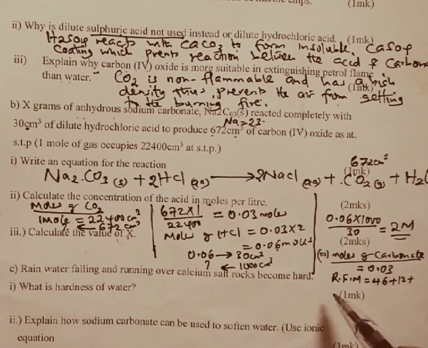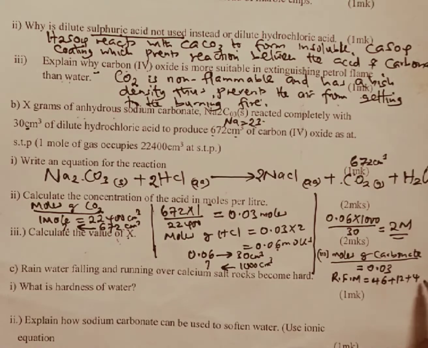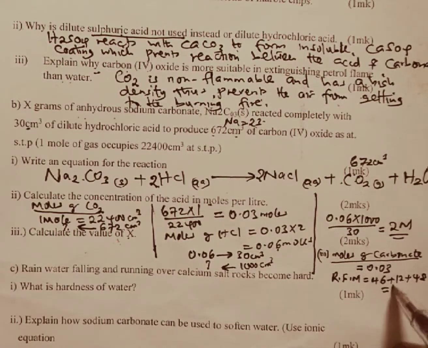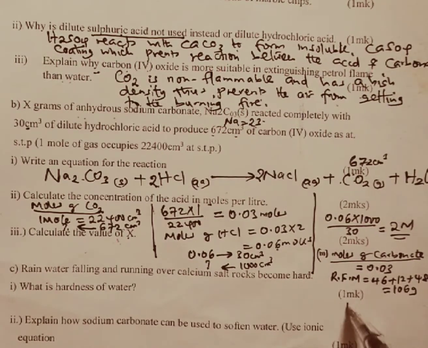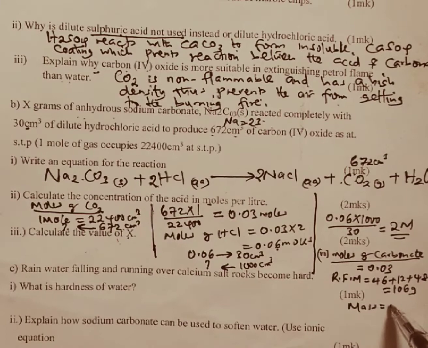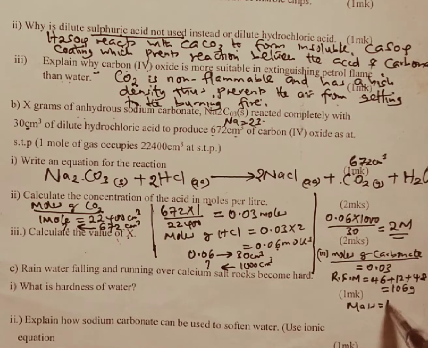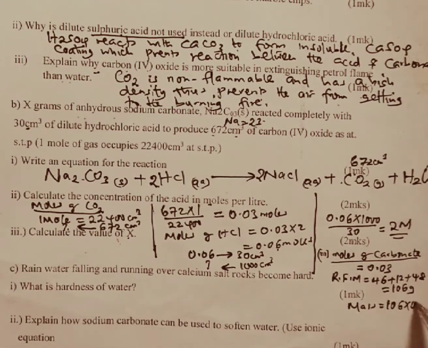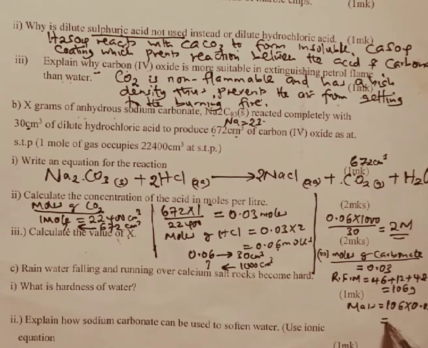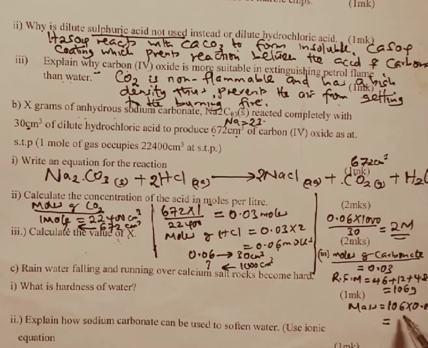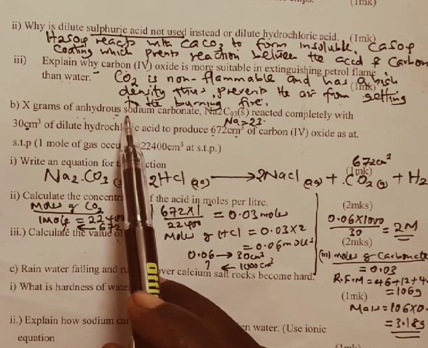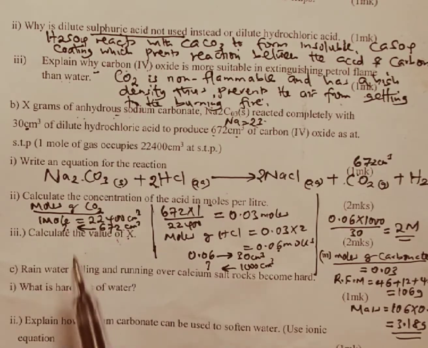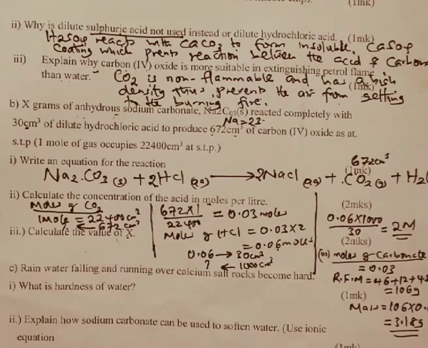Oxygen has 16. You multiply by 3, you get 48. And the total is going to be 106 grams. And for us to get now the mass, we take the relative formula mass, which is 106. You multiply by the moles 0.03, which is going to give us 3.18 grams as the mass of the carbonate that reacted with the acid.